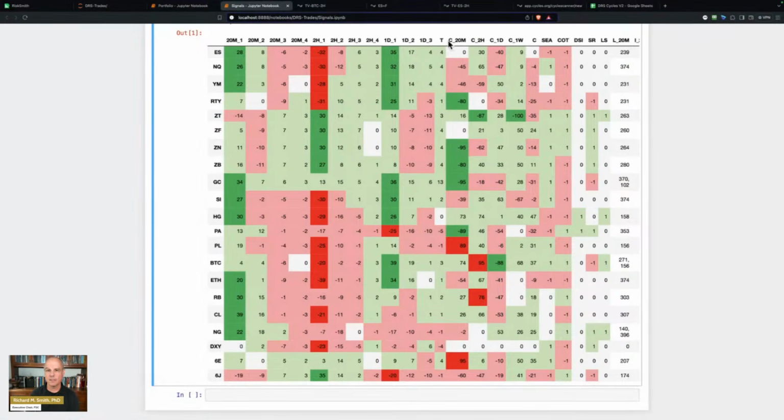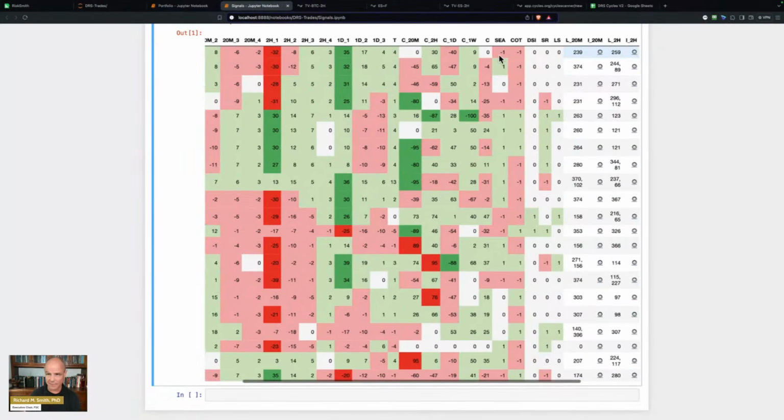And then over here are my cycles indicators. I've got 20-minute cycles, 2-hour cycles, daily cycles, and weekly cycles. What I want to draw attention to first is that the 2-hour cycles in the S&P and the NASDAQ are bullish, and they have been for a little while now.